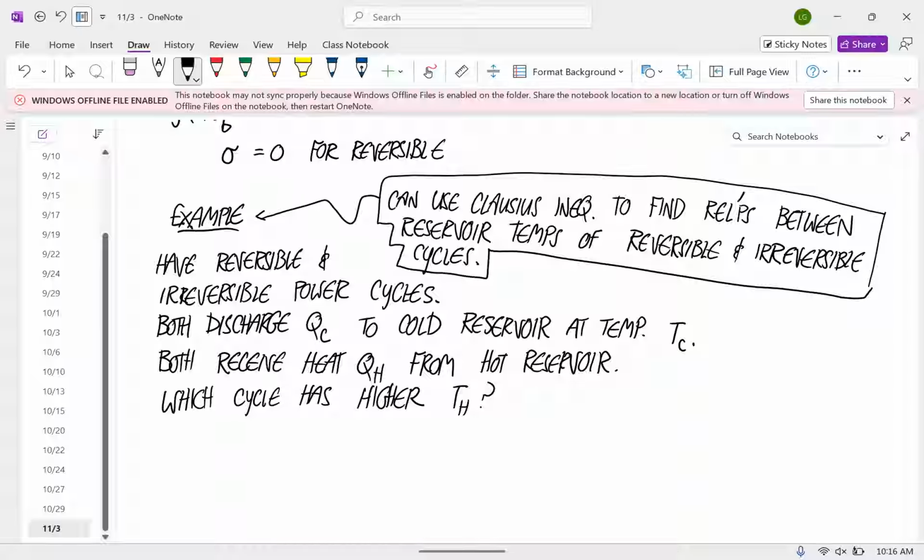You're gaining the same amount of heat from the hot reservoir. Which one would you guess is going to have the higher temperature of the hot reservoir? The irreversible, right? The one that's worse, you've got to shovel more coal into it to get the same effect. But now we're going to use the Clausius inequality to show that.